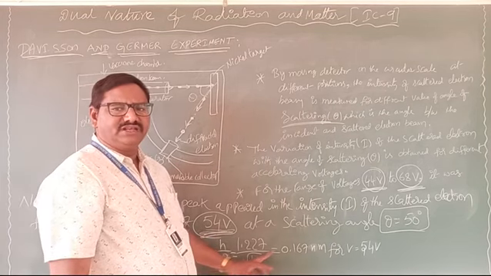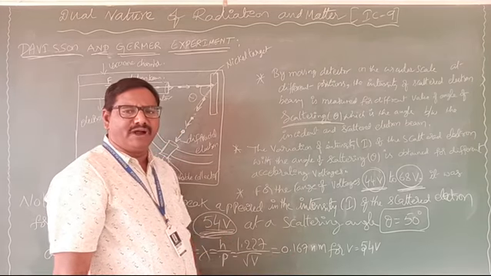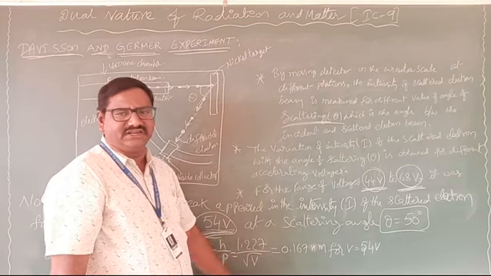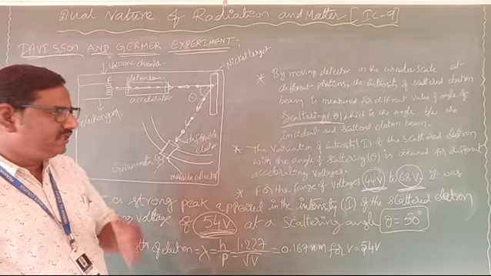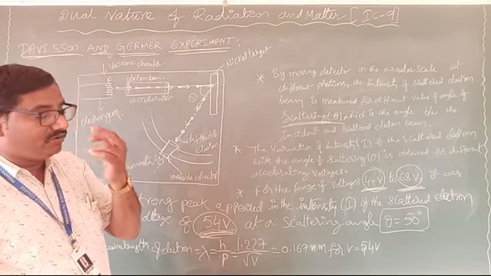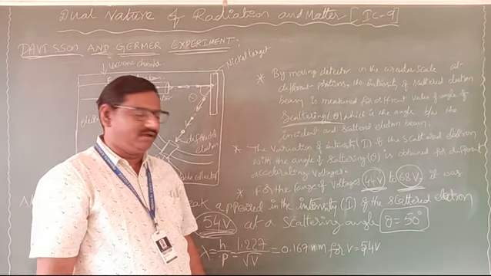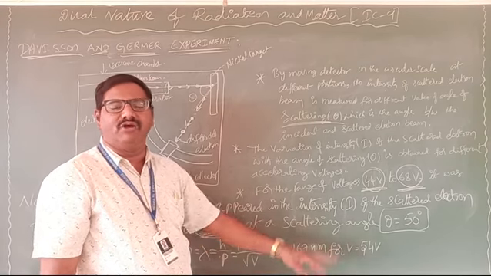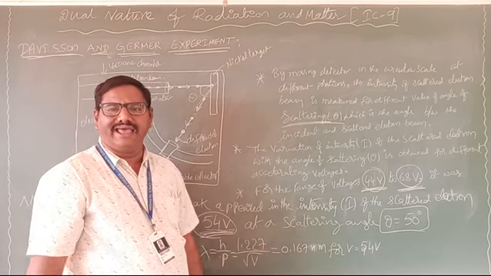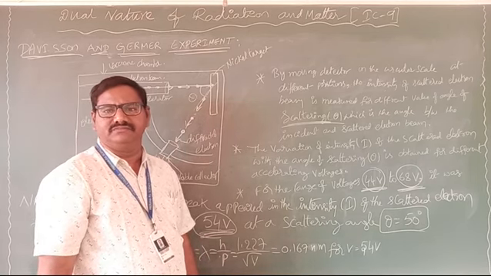If you substitute root 54, it becomes 0.167 nanometers at V equal to 54. Theoretically it is 0.165 nanometer, and experimentally it came to 0.167 nanometer.